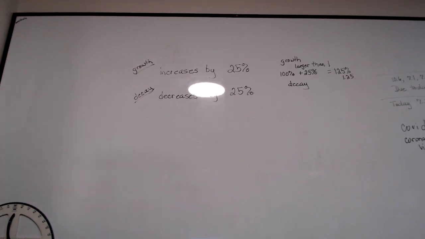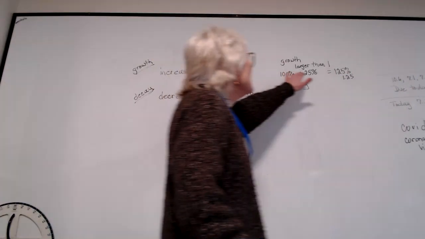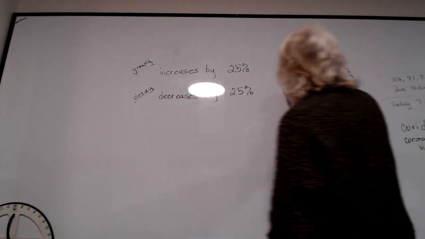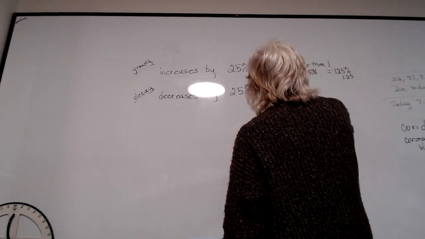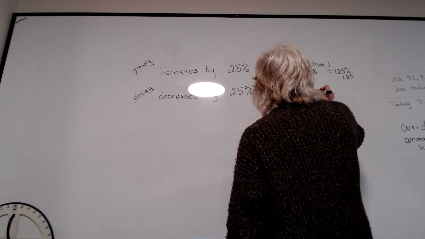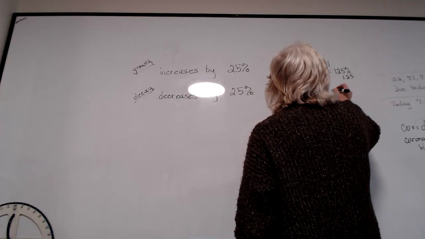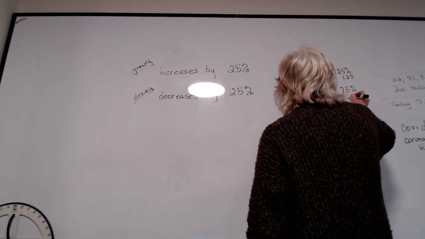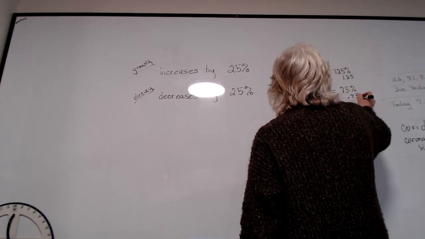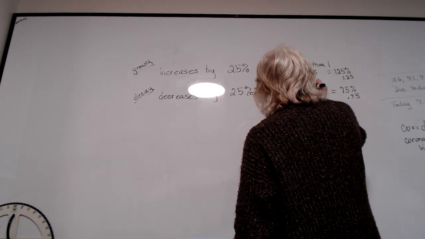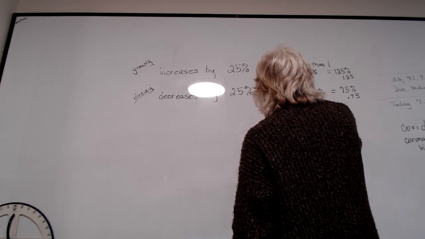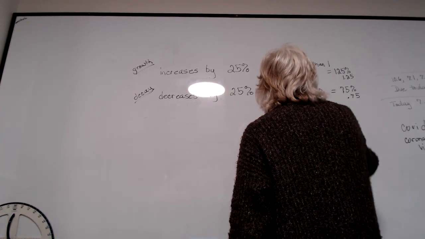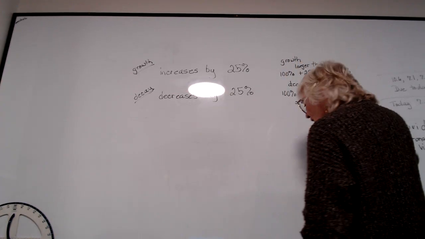So in a decrease, instead of adding the 25% to 100, you take 100% and subtract the 25%, and that's 75% or 0.75. So this is the decay. It's smaller than 1. But what you have to really figure is what is left.